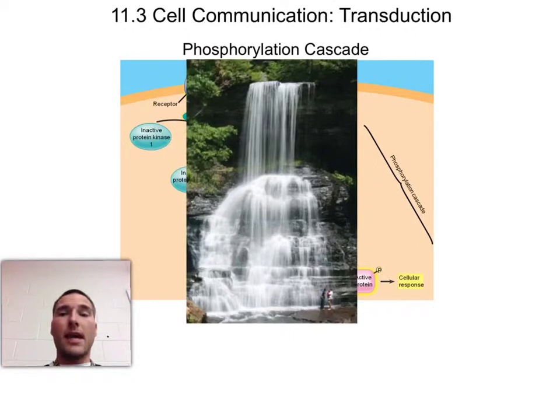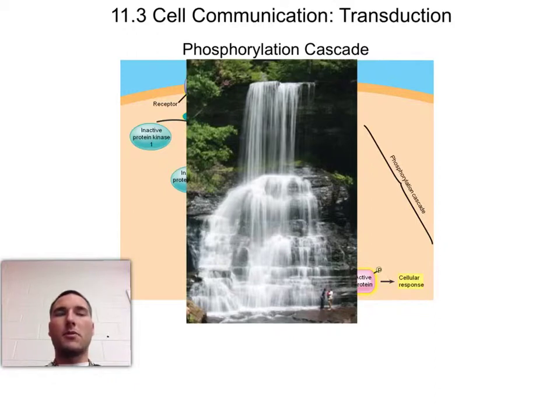So anyway, this term cascade, I wanted to give you a visual on that. When they talk about a cascade, typically we're talking about a waterfall, if you were using it in common language. So here's a waterfall, and you probably wouldn't use cascade to describe Niagara Falls, where it's just one huge drop, where you're at the very top of a waterfall and the water just goes straight down.